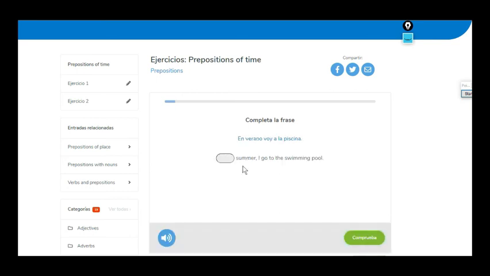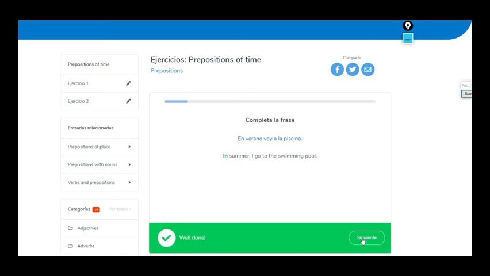We have summer. Es una estación. I go to the swimming pool. ¿Quién se empleaba con las estaciones del año? Summer. In this case, we're going to use in. In era el más general. Let's listen. In summer, I go to the swimming pool. In summer, good.